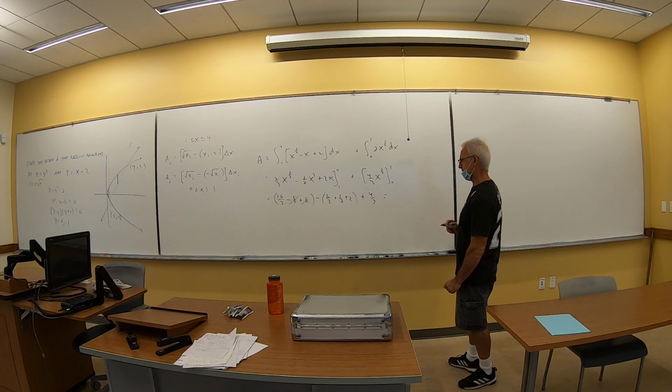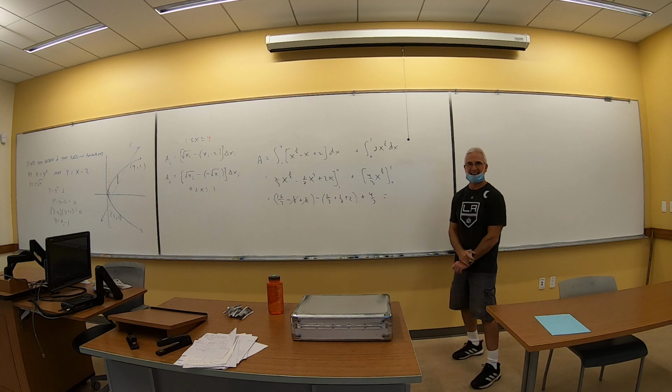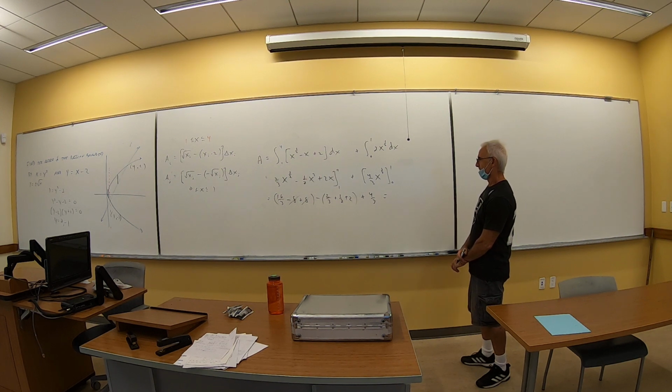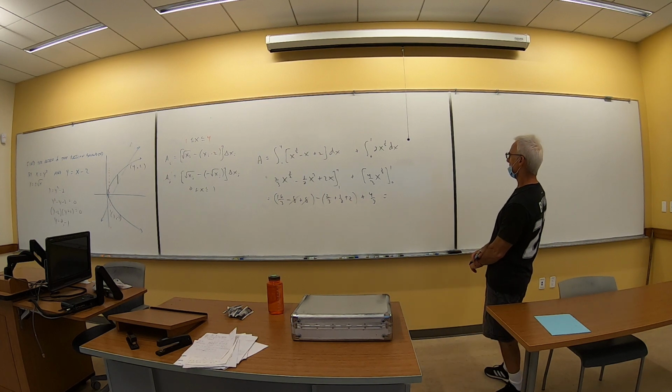I'm not sure about that. 3.5? Do we have a third one? Also got 3.5. So you also got 3.5? Yeah. All right. Are my calculations correct?